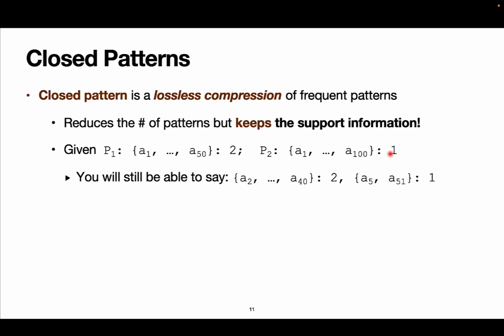We didn't lose any support information. Any subset from this pattern will always have a support of 2. If you look at A2 to A40, the support is 2. Similarly, for the larger pattern P2, if you look at A5 to A51, the support is still 1. So the support information remained intact.